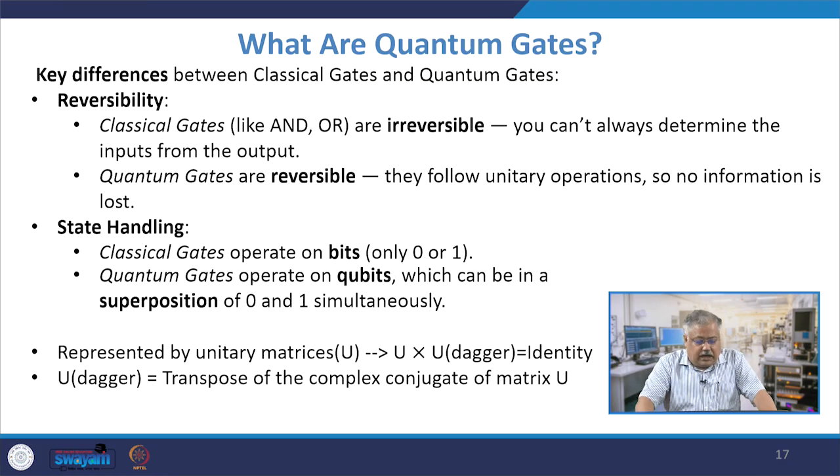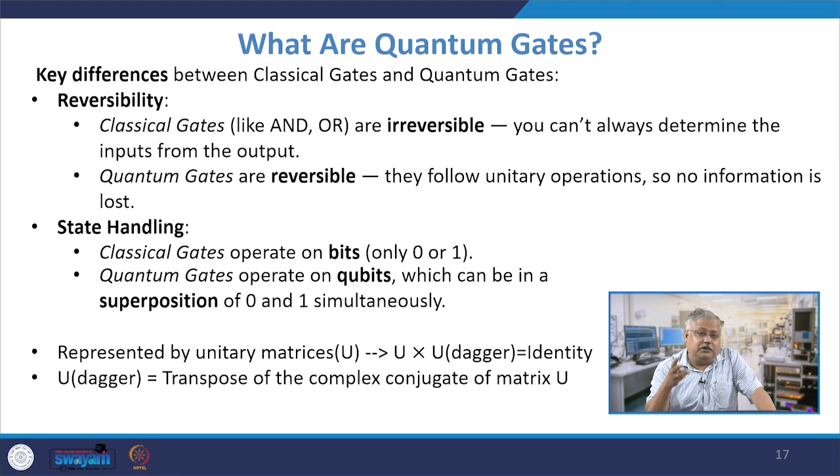Now, the classical gates are irreversible, which means that once you put in an input bit, you will always get an output bit. However, the output bit you get might not be in one-to-one correspondence with the input. Say, for example, you are doing a NAND gate. If you look at the truth table, for 1 1 the output will be 0, but for 0 0 it will be 1, and for 1 0 it will again be 1.